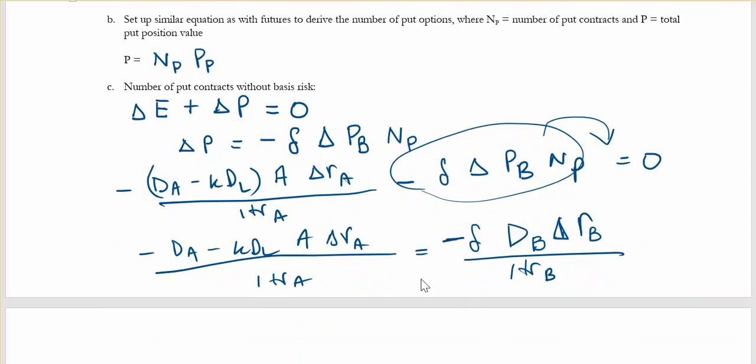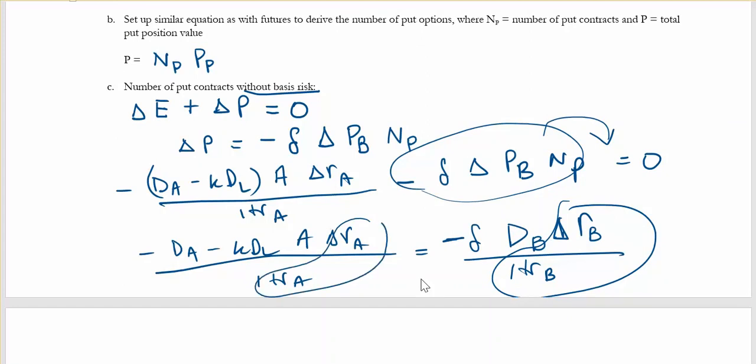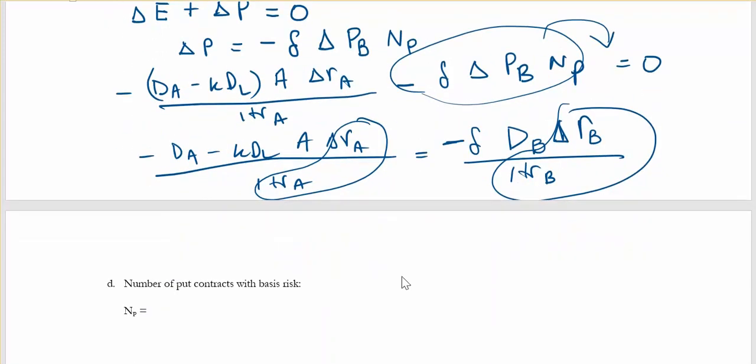Now, if we're assuming no basis risk, then that means that these two relative changes are the same. Oh, I forgot the parentheses around that. Oh, and I forgot the N_P there.